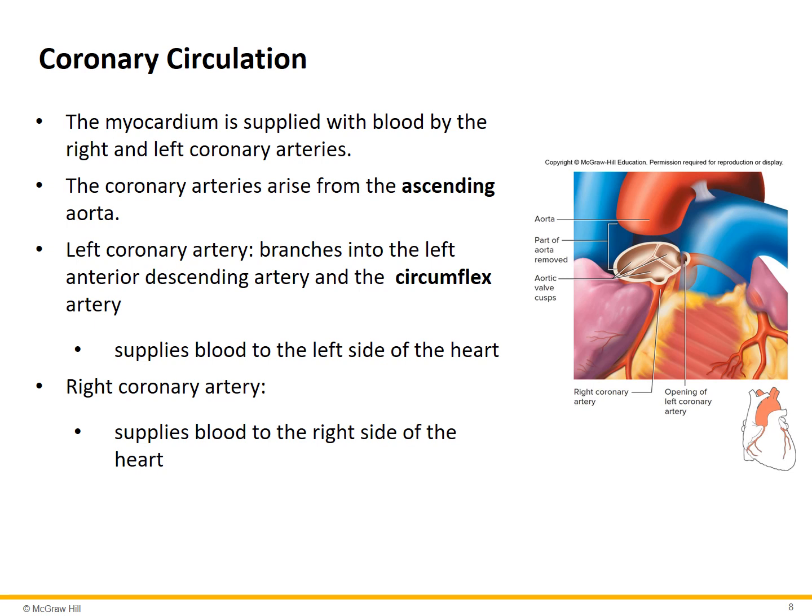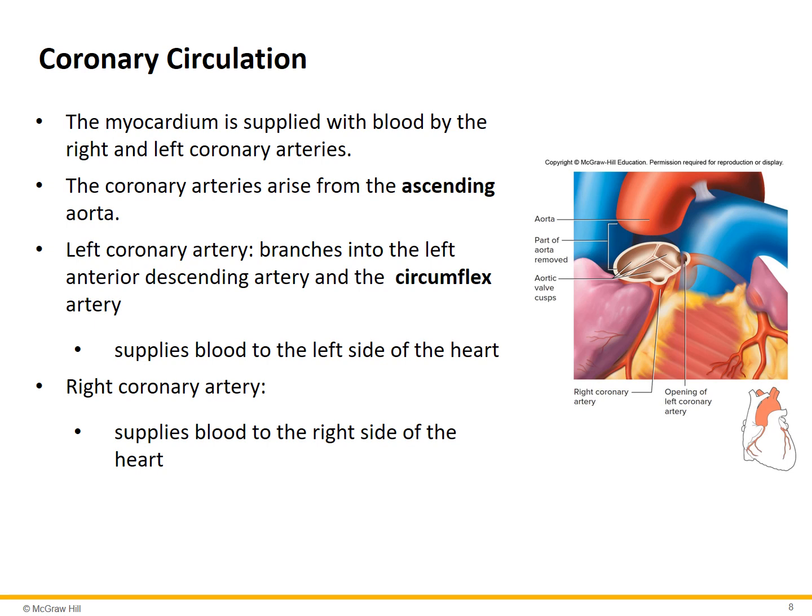In theory, it goes up, arches, and down. So that's why it's saying the vessels arise from the ascending aorta. Here's a couple of branches. In lab, we just looked at the left anterior descending artery that runs down between the two ventricles.